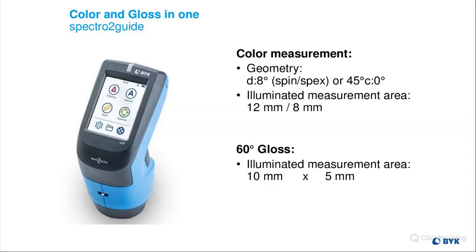So it's one size. You have to have a sample that's 12 millimeters to fit that port, but the actual color measurement is 8 millimeters. So it only uses 8 millimeters out of that 12. And for the gloss, you need a sample that's at least 10 millimeters wide, and it's going to measure only 5 millimeters of that sample.